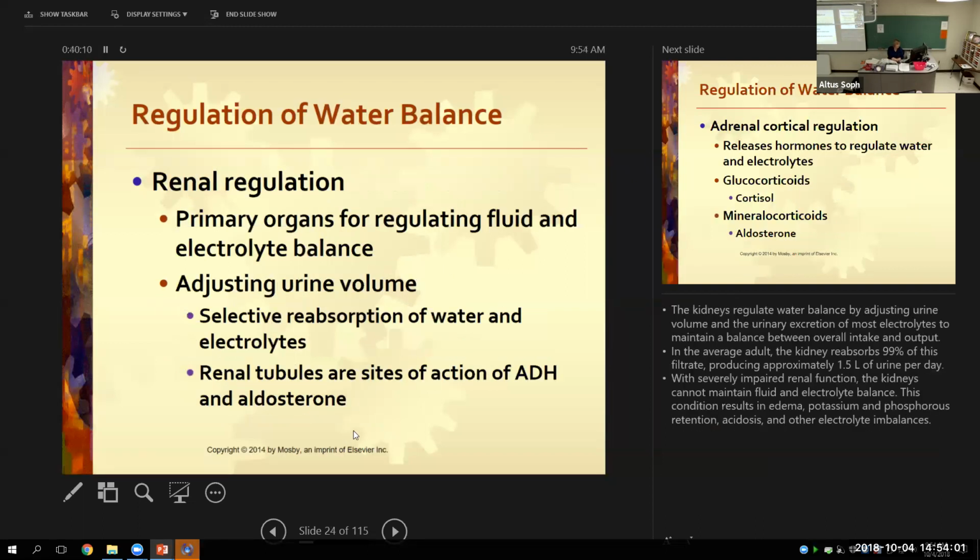Okay. Let's see here. And so what about water balance at the renal level? Basically, the primary organs for regulating fluid and electrolyte balance are the kidneys. It's not just necessarily getting rid of extra fluid through the urine. We're doing a lot of different things within that nephron of the kidney.